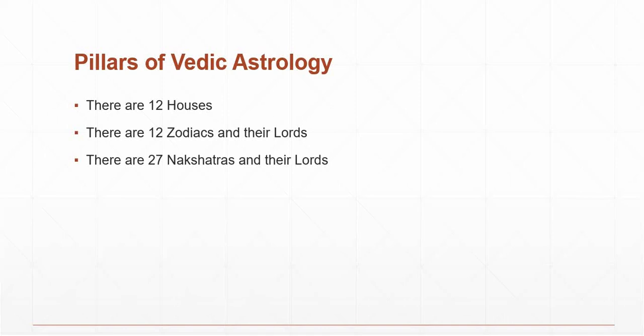So nakshatras are the stars. So I'll repeat again, there are 12 houses, 12 zodiacs and their lords, and 27 nakshatras and their lords. And these are the pillars of Vedic astrology.